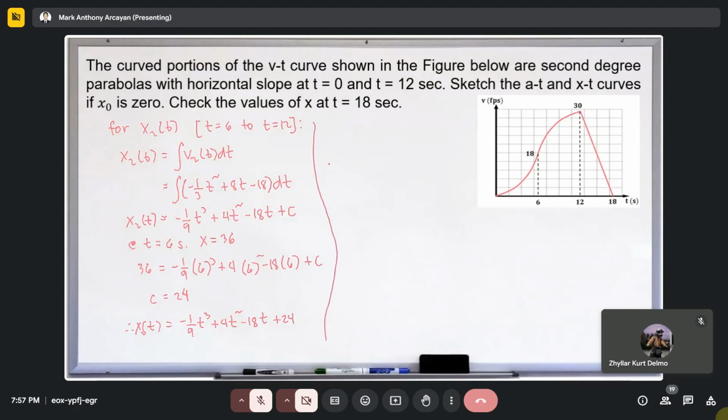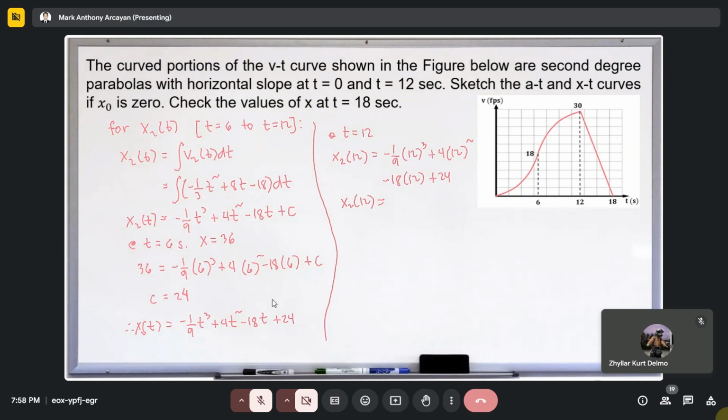Next, in order to complete the points, at t equals 12, the displacement x sub 2 of 12 is equal to negative 1 over 9 times 12 cubed plus 4 times 12 squared minus 18 times 12 plus 24. Use your calculator to evaluate this.